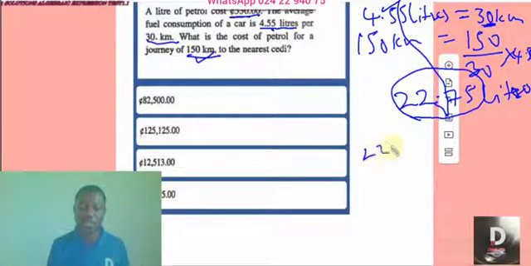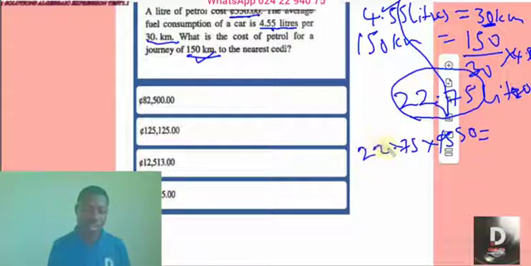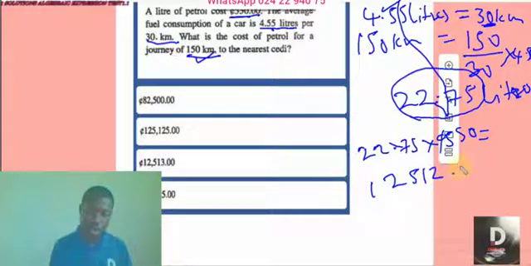So 22.75 times 550 cedis to get the total cost for that petrol consumption. So we multiply the answer. 22.75 times 550 cedis. We get 12,512.5.